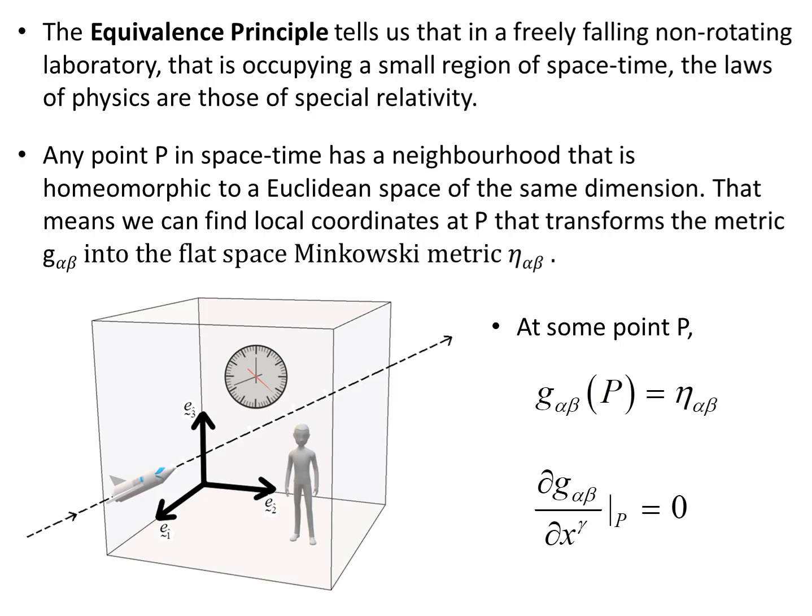You drive to your local shops or down the road somewhere, and it all appears very flat around you. And it's only because at any point on the surface of the Earth, local to that point, it appears homeomorphic to Euclidean space of the same dimension, in this case 3 dimensions. And that's the point here.